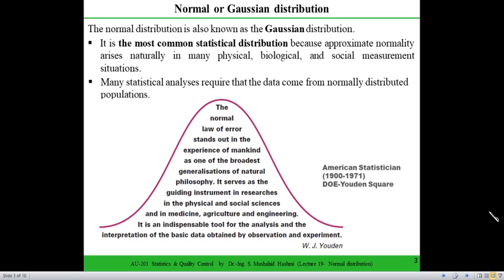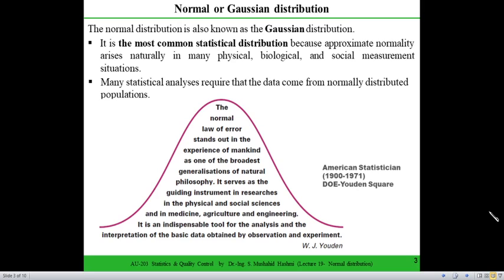So according to American statistician Uden, the normal law of error stands out in the experience of mankind as one of the broadest generalizations of natural philosophy. It serves as the guiding instrument in researches in the physical and social sciences and in medicine, agriculture, and engineering.